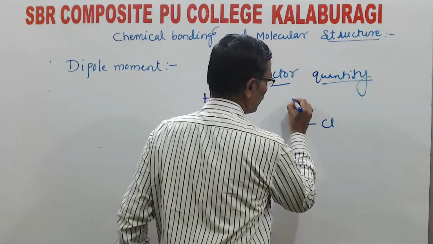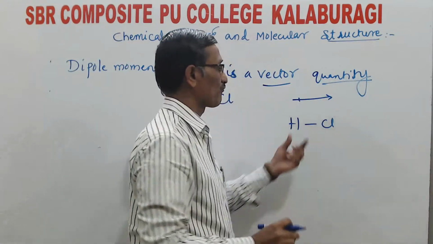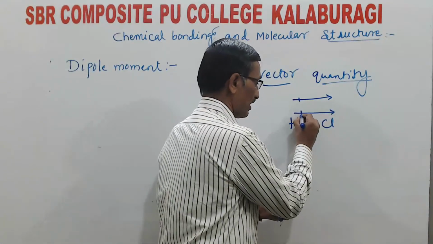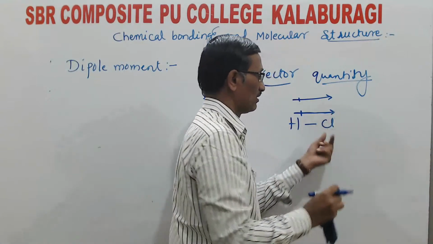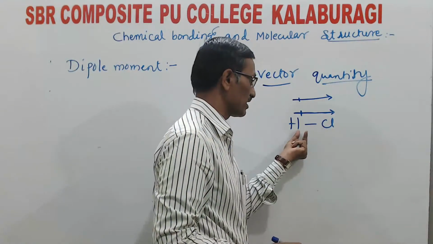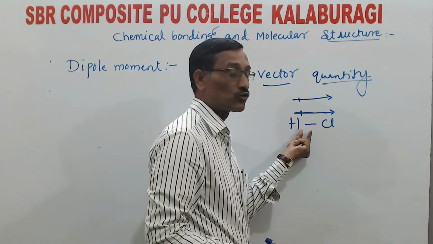The way of representing this dipole moment in these molecules: I am taking the electron density arrow mark. See here, where from? A cross tail with the arrow headed towards the more electronegative atom side. This is less electronegative, or it is to be treated as the electropositive atom.